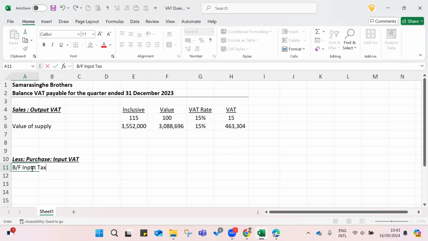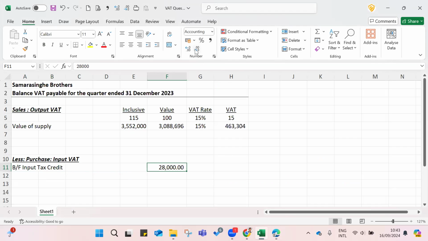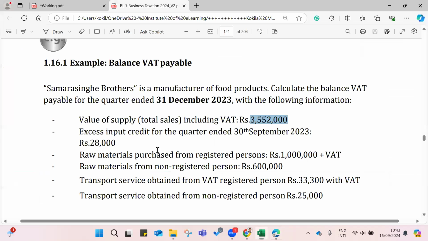How much? 28,000. Right? And then what else do you have?